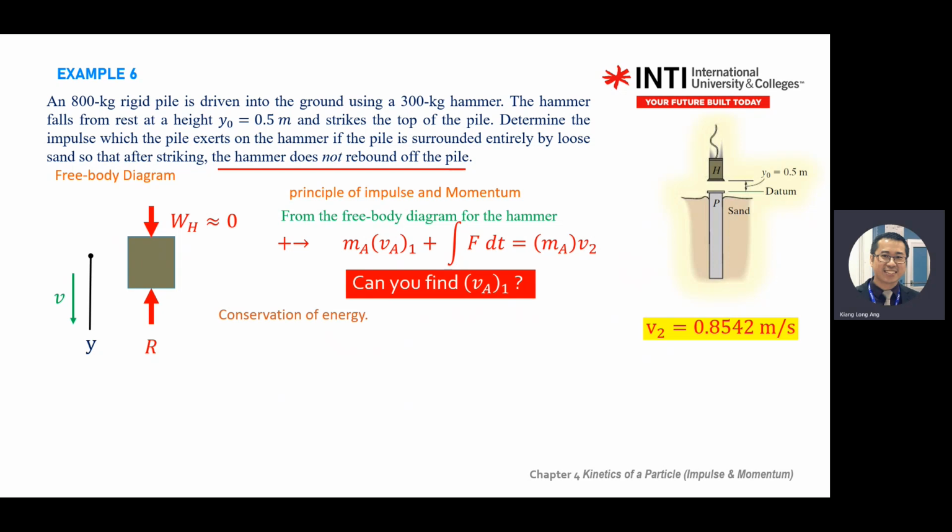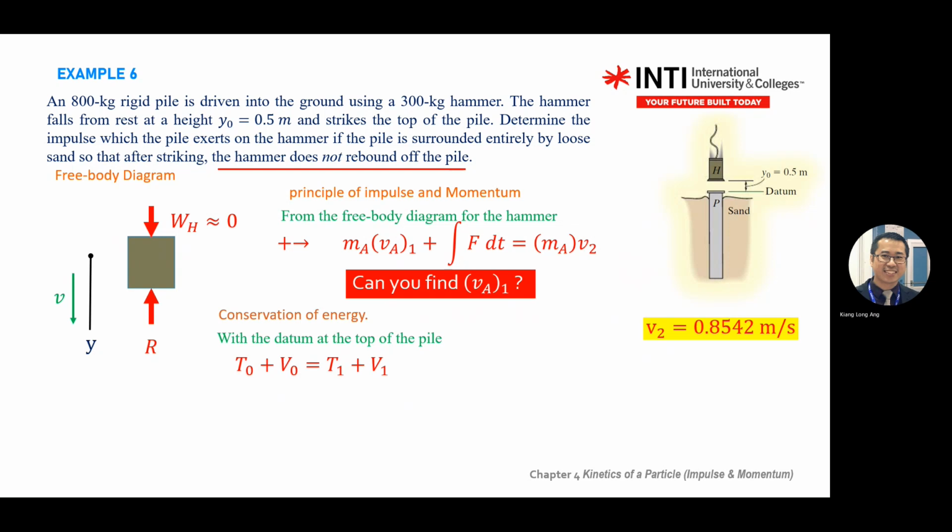So here you substitute and then conservation of energy. You combine the principle of impulse and momentum and energy. In most cases, chapter 4 questions come as a pair. When you use the principle of momentum, something will be missing in the parameters. And then you try to find the missing component by using conservation of energy, especially when the datum is given, then energy you need to find.